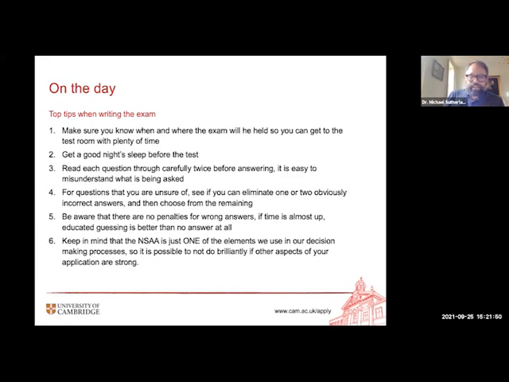One piece of advice, and I think this is quite important: when you're writing an exam under time pressure, sometimes you get a bit flustered and you're scanning through the question really quickly, and you misconstrue what is being asked. So make sure you read each question through carefully twice before answering it.